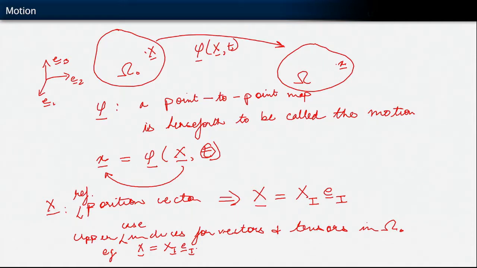All right? Now, what about little x? It's also a position vector, right? It is the current position vector. It too can be written in terms of its components.